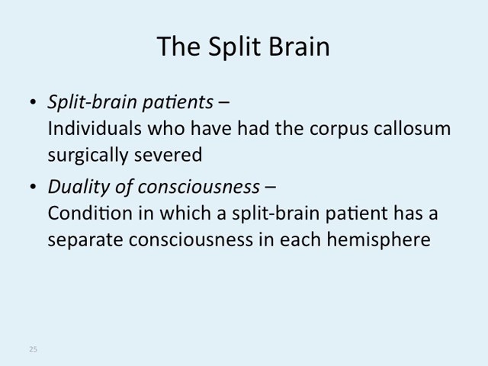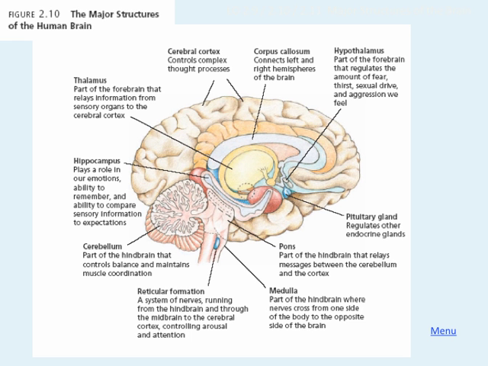Okay, so duality of consciousness: when there is no corpus callosum in place, when it has been surgically removed, all of a sudden we understand that our brain does completely function separately, but that corpus callosum keeps them together.